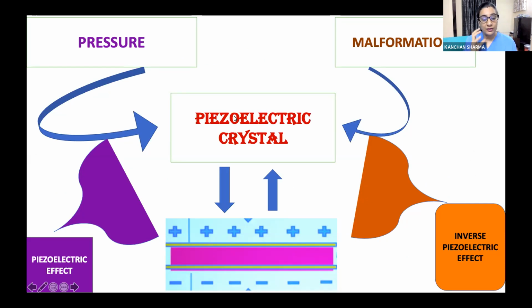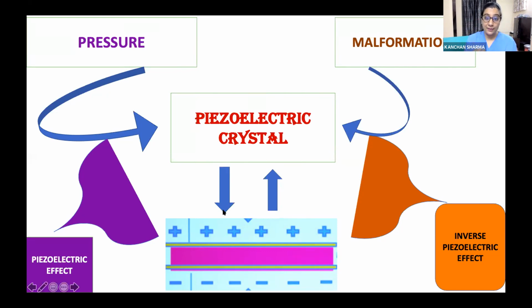The most important thing in ultrasound is your transducer. Why? Because your transducer has piezoelectric crystals, and piezoelectric crystals display a very good property. What exactly is that? They are able to convert one form of energy to the other. If I apply any pressure to these piezoelectric crystals, it results in the generation of electrical potentials.